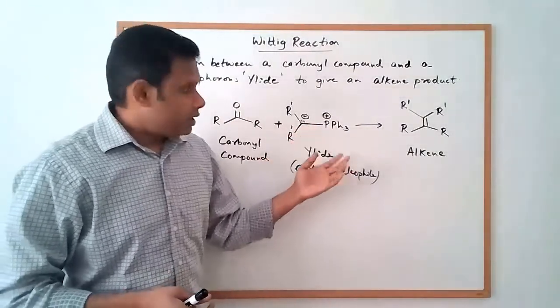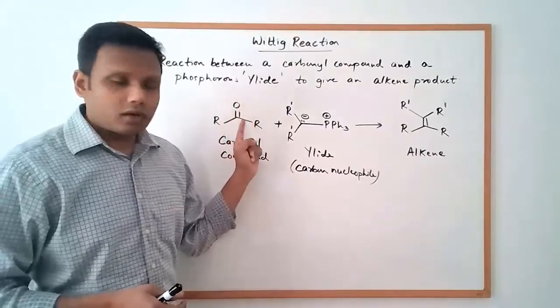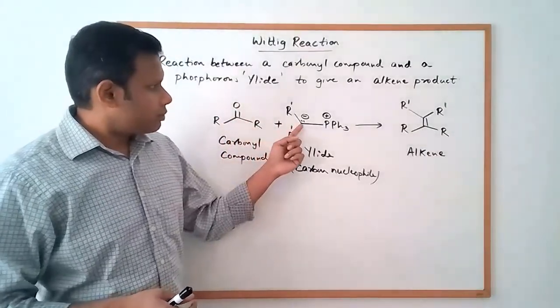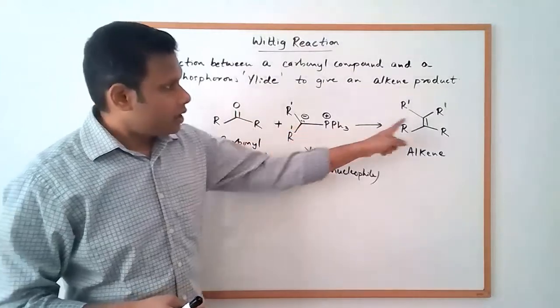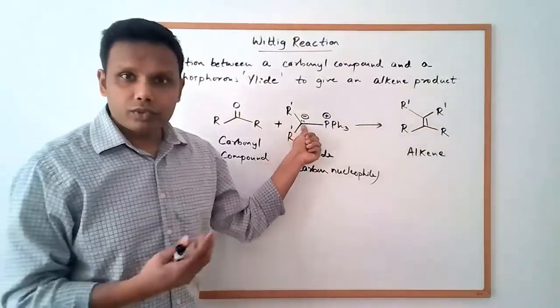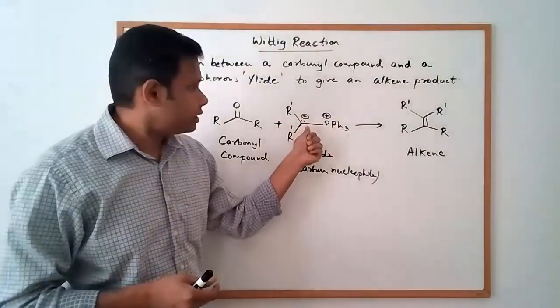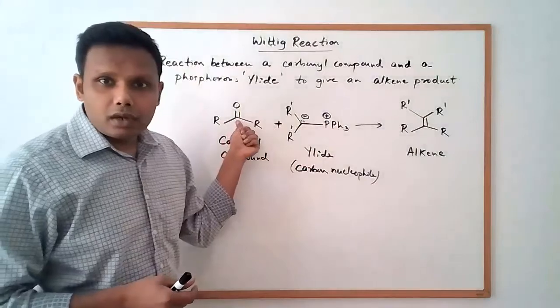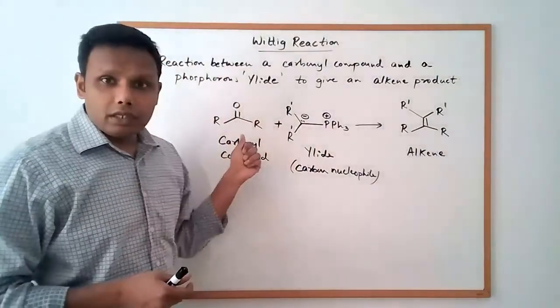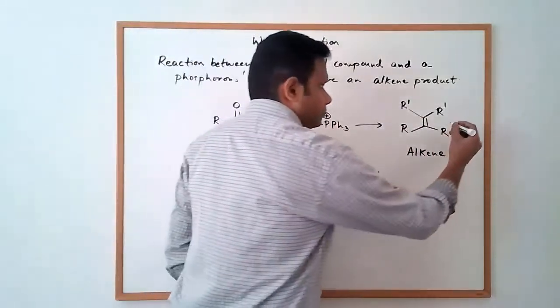And what happens in the end is that the oxygen from the carbonyl compound is replaced with this carbon, and it forms a double bond. So you get a double bond between the carbon, which was negatively charged, or which was the nucleophilic carbon in the ylid, and the carbonyl carbon in your carbonyl compound, so that your product is an alkene.